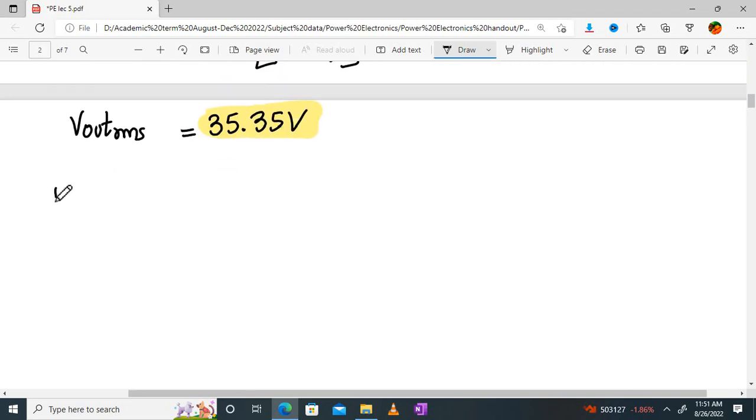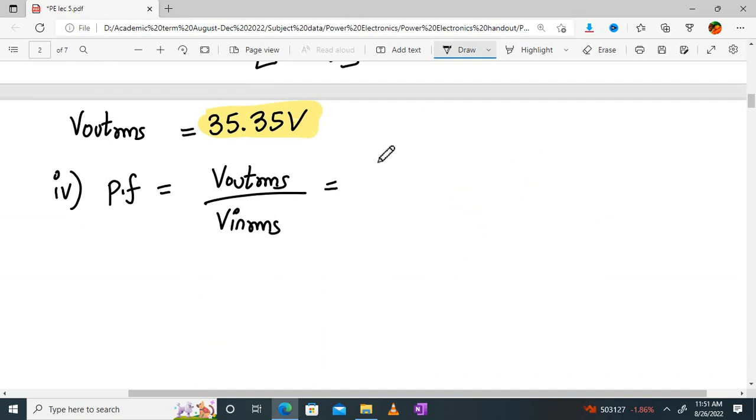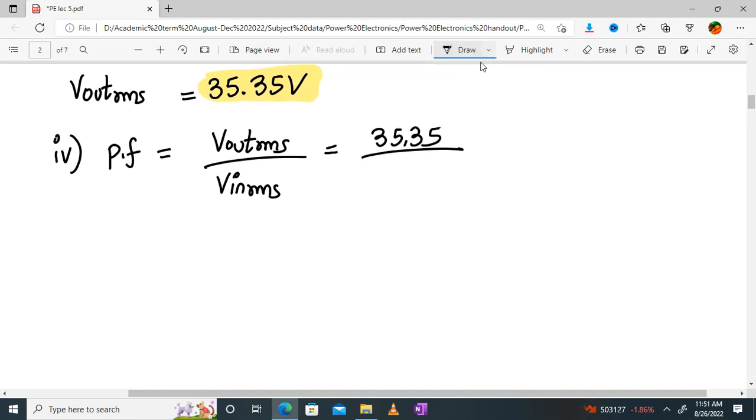What is the formula for power factor? How much is V out RMS? 35.35. How much is V in RMS? Yes, exactly. Here I am additionally writing something which you can note down, especially in cases where a transformer is given.